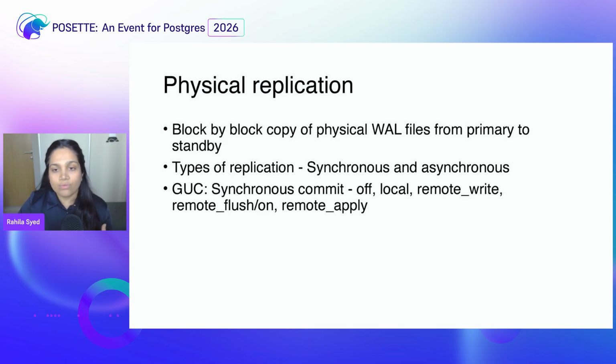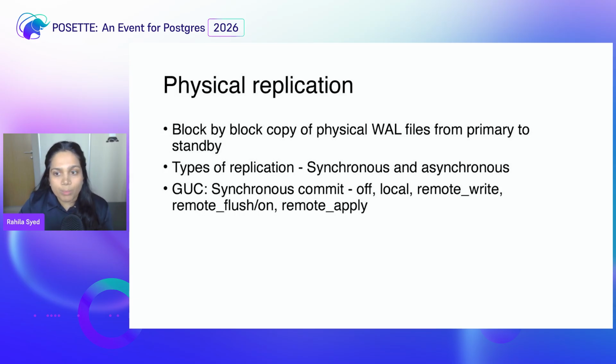The second setting of this GUC parameter, synchronous commit, is local. This setting means that the transaction is considered as committed and a user is notified of its commit only when the transaction has been flushed to disk. This is the mode which guarantees the durability of a transaction.